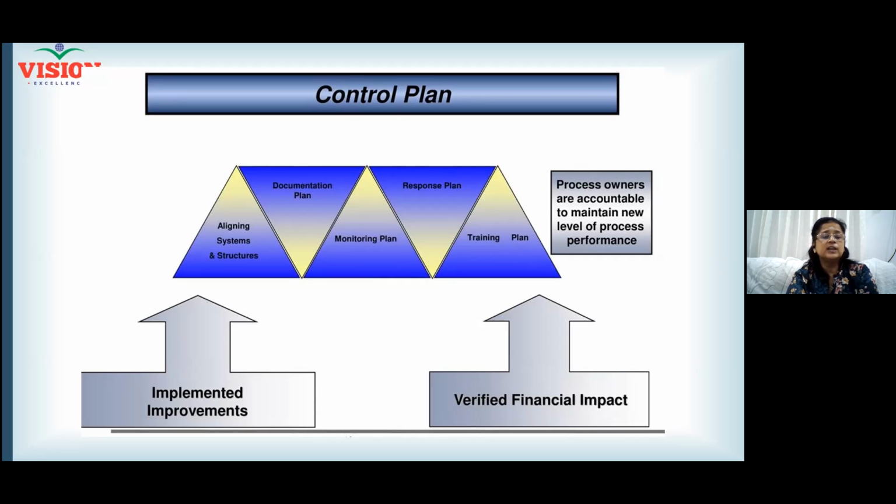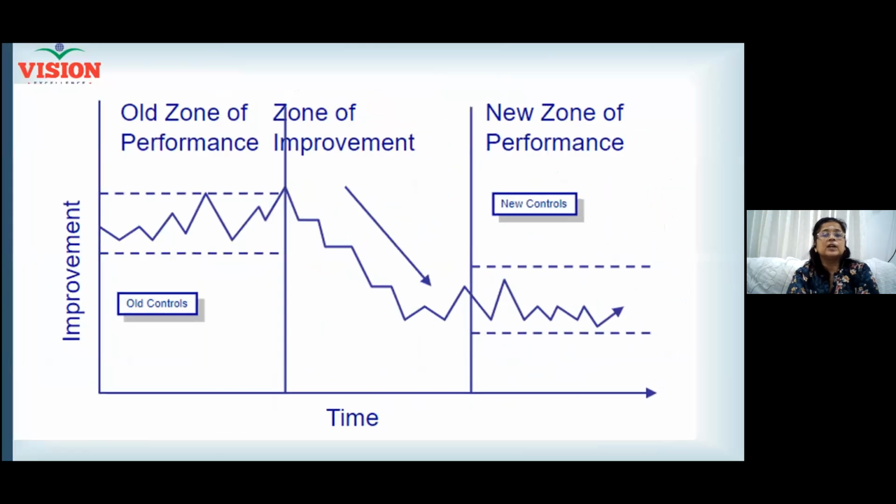And this gives a solid foundation for our implemented improvements along with a verified financial impact. With every new improvement, the old controls vanish, and we move into the zone of performance improvement so that we have the new zone of performance with new controls.